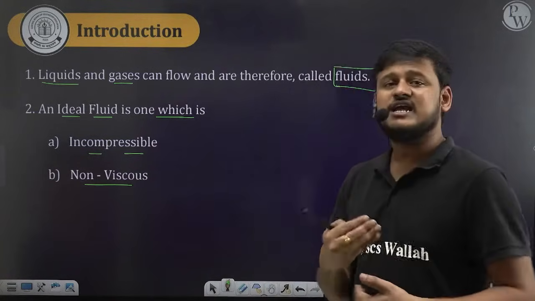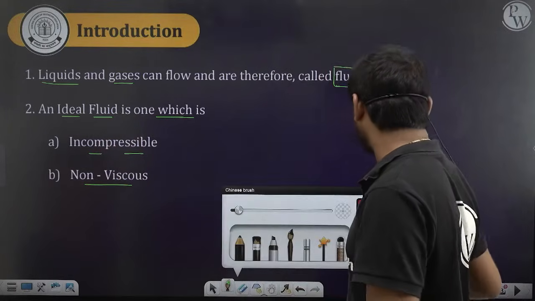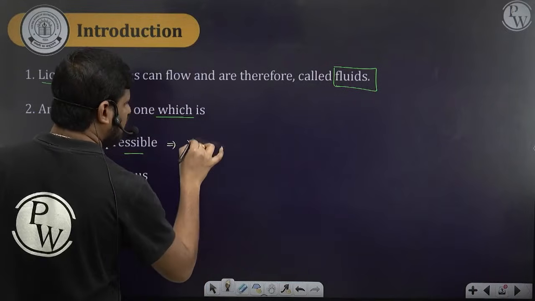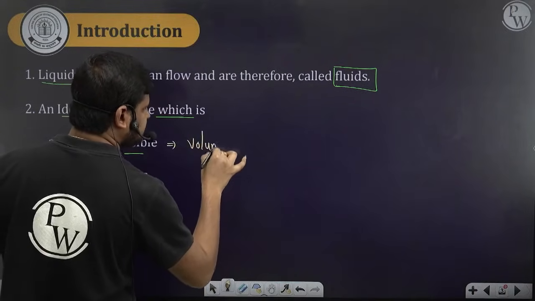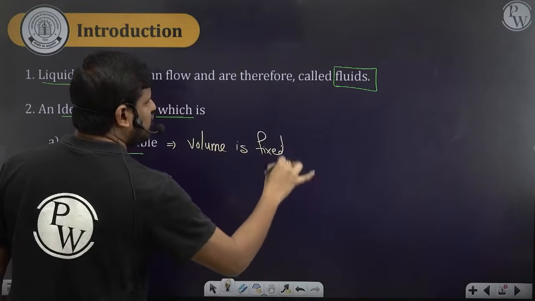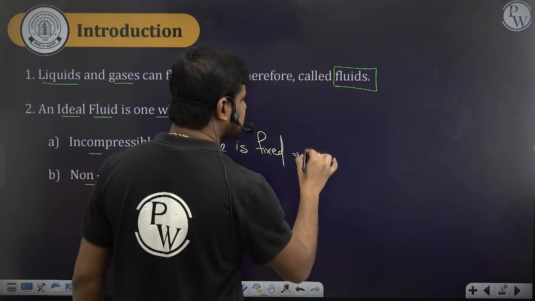So what are ideal fluids, sir? Those which are incompressible. Incompressible means whose volume is fixed. If the volume is not going to change, then the density is going to be constant.